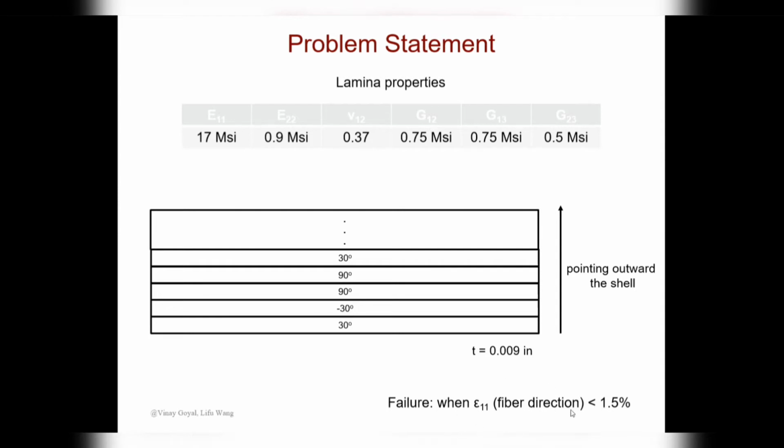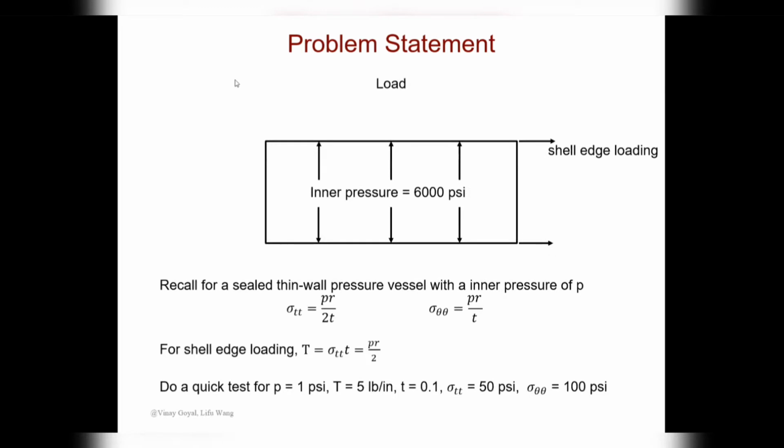So we need to design the layout until your fiber direction strain is smaller than 1.5%. And the loading here is the inner pressure, which should be 6,000 psi.